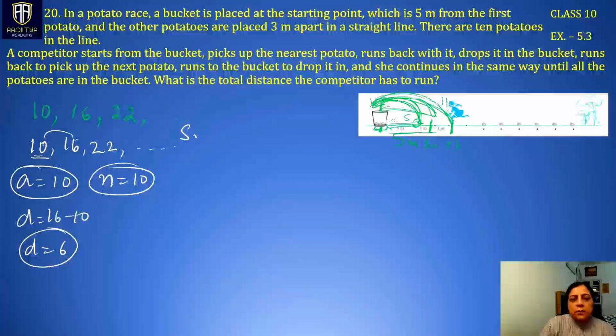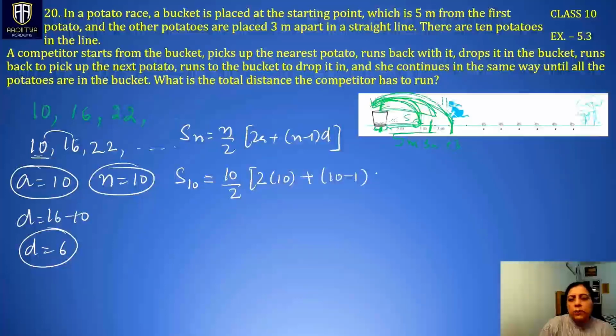This is Sn = n/2 [2a + (n minus 1)d]. So S10, we have to find the sum of 10 such terms. This is 10 by 2, 2 times a, which is 10, plus 10 minus 1 times d, which is 6.